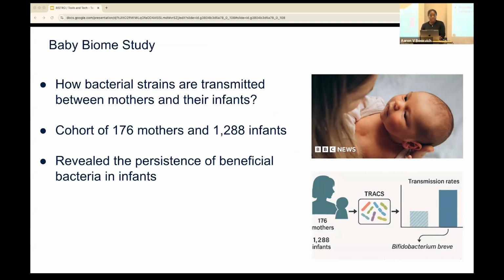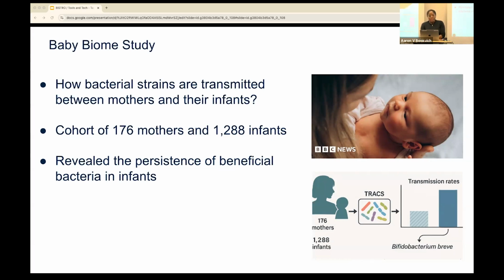And it showed that the persistence of this beneficial bacteria in infants was happening over time from the mothers to the infants. And it's something that really wasn't able to be captured before, because the bacteria were at such a low abundance that when you have isolates, they weren't being captured. Does that make sense?